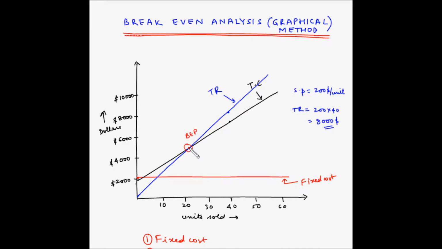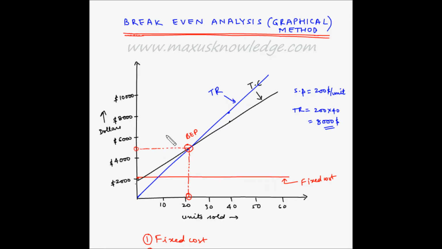Now if we draw a line parallel to the y-axis touching the x-axis, then the point here on the x-axis will represent the break-even point in terms of units sold, and if we draw a line parallel to the x-axis touching the y-axis like this, then this point here will represent the break-even point in terms of dollars.